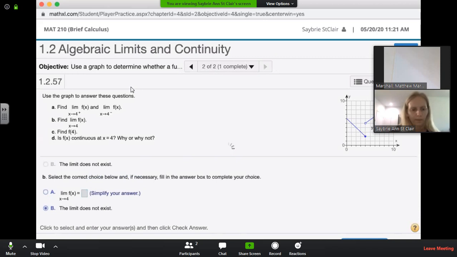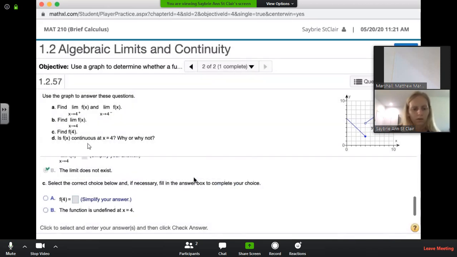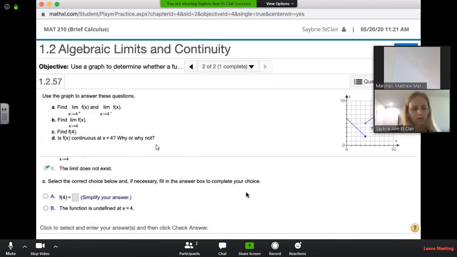And then that last one there says, is f of x continuous at 4? And again, I would say this is 2.